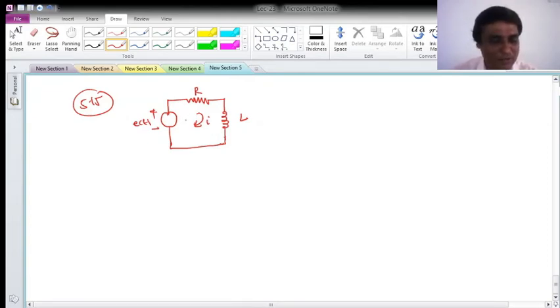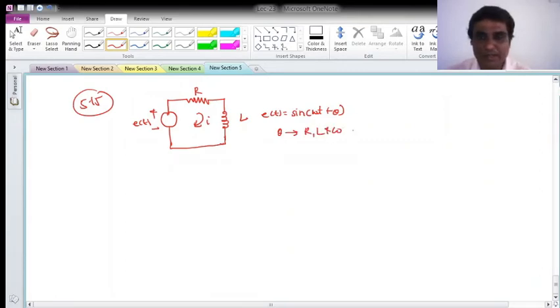Okay, and the voltage source is E of t, which is equal to sine omega t plus theta, means if the switch is closed, ultimately it is sine omega t plus theta into u of t. Okay, so the question is, what should be theta in terms of R, L, and omega, so that the coefficient of free response is 0.